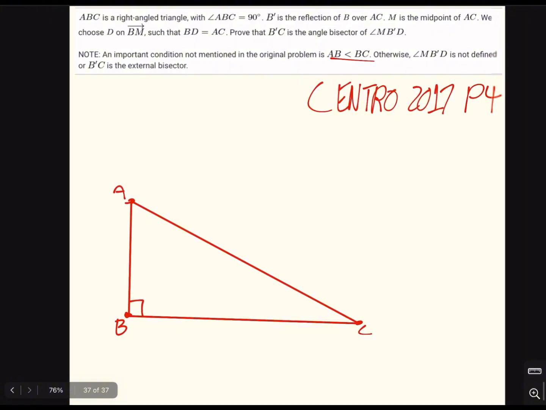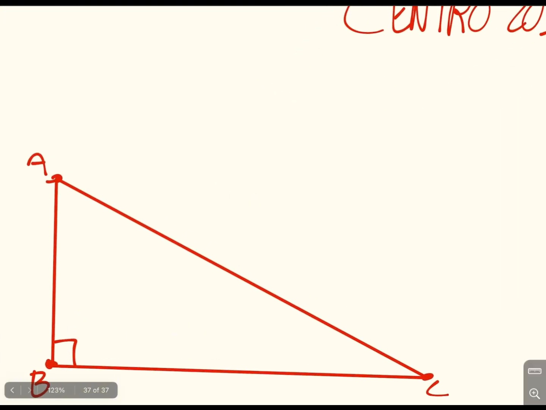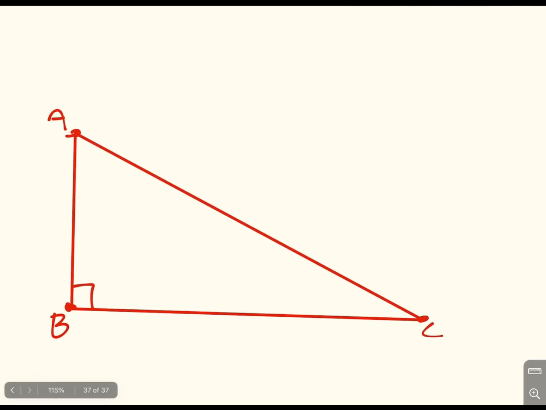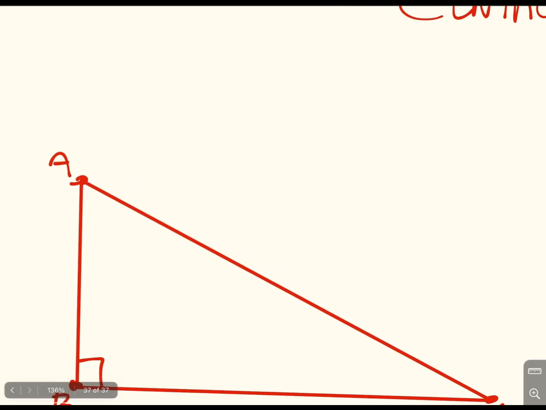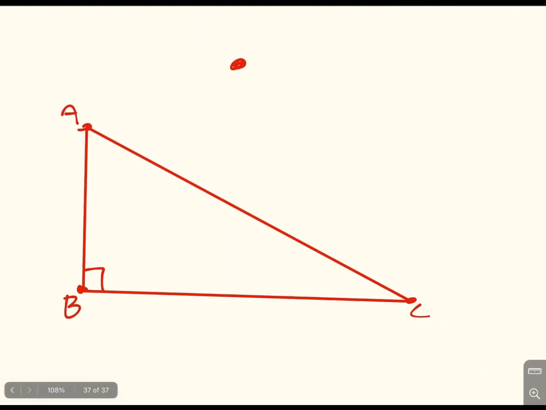B prime is a reflection of B over AC. So that means we're basically going to flip this with respect to AC. So B should lie somewhere approximately over here. Not going to be very exact.